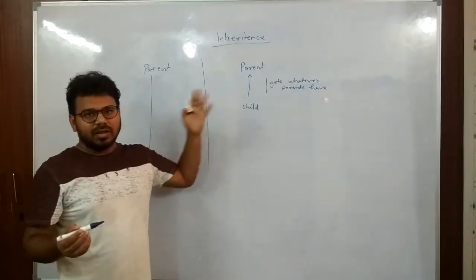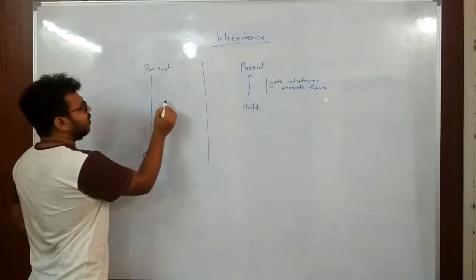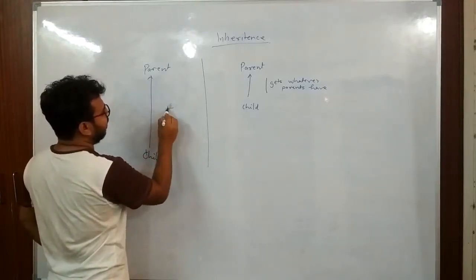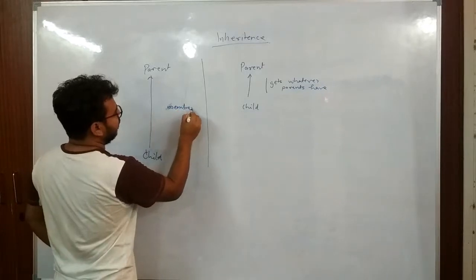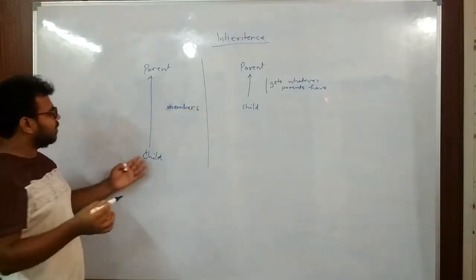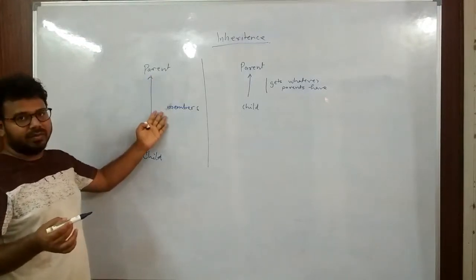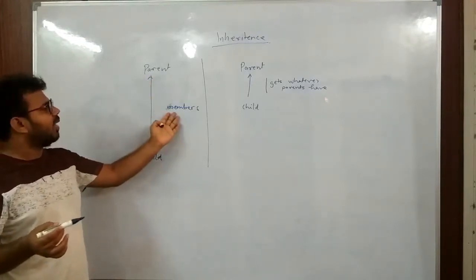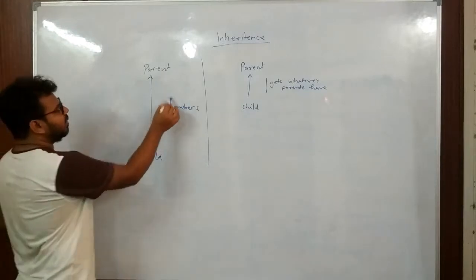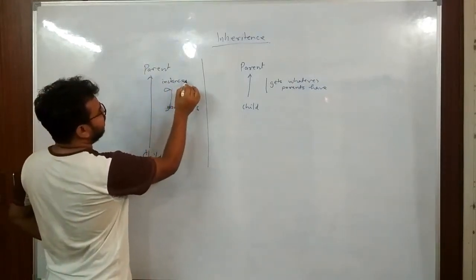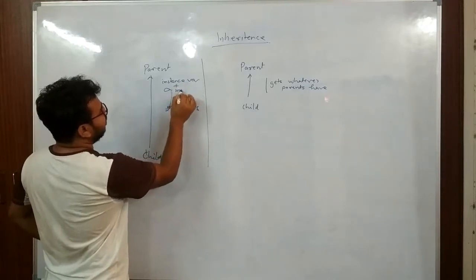A class has data members, or we can simply say members. So in simple terms, a child gets whatever its parent has, and in the case of a class we have members. These members are nothing but instance variables plus methods.